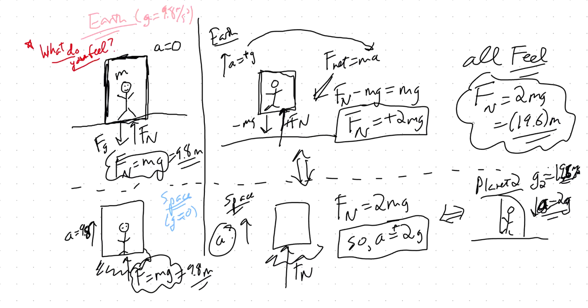This is called the equivalence principle. If you were in all three of these boxes, could you tell the difference? The answer is no. Sorry for my handwriting, but I think that makes sense. Could you tell the difference?